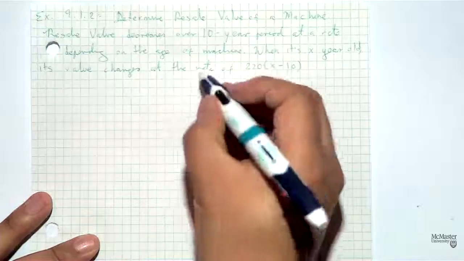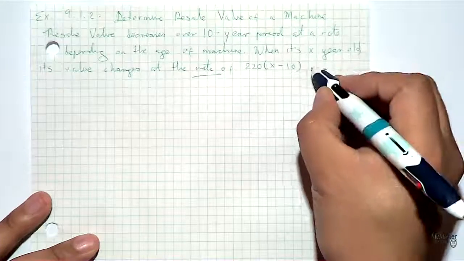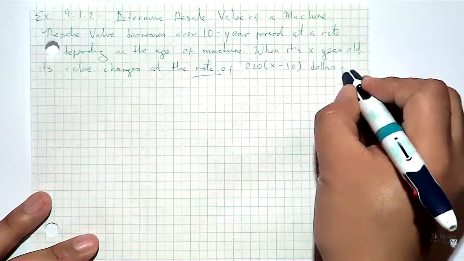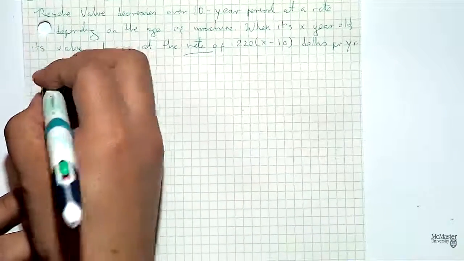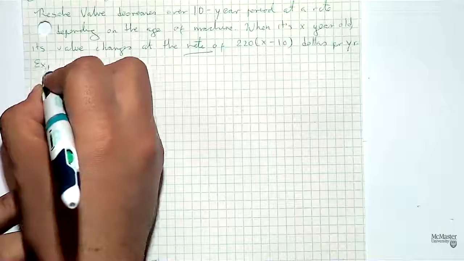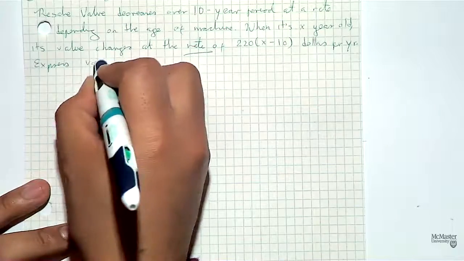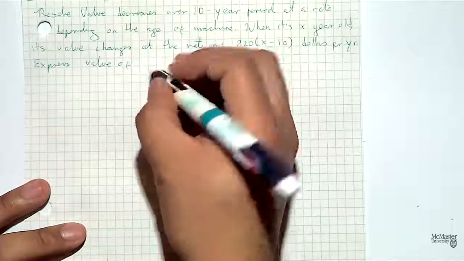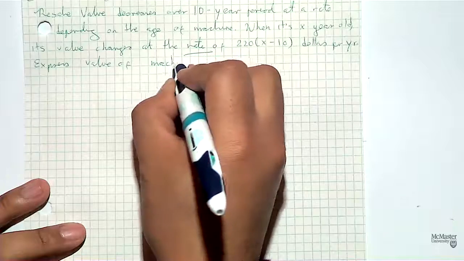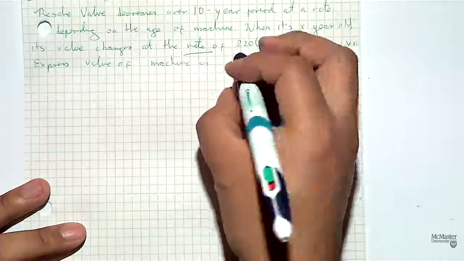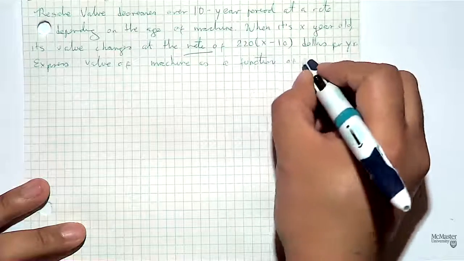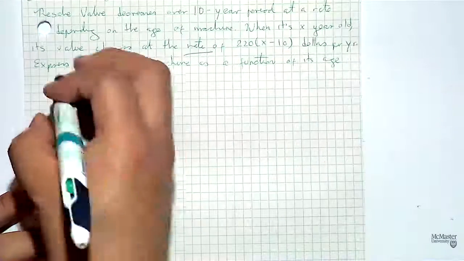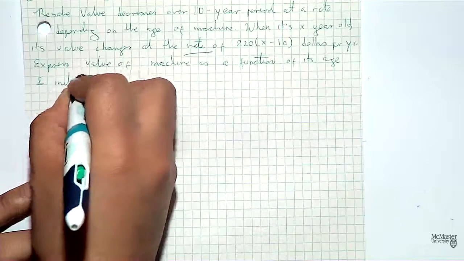So think about the terminology, okay? And the units are dollars per year. So the first commandment is to express the value of the machine as a function of its age and initial value.